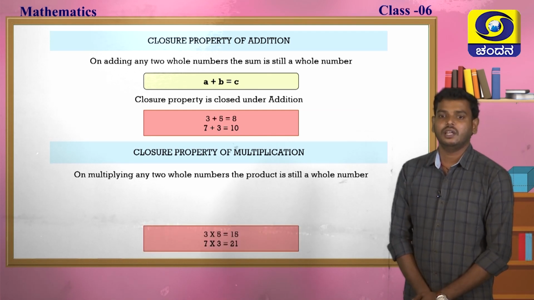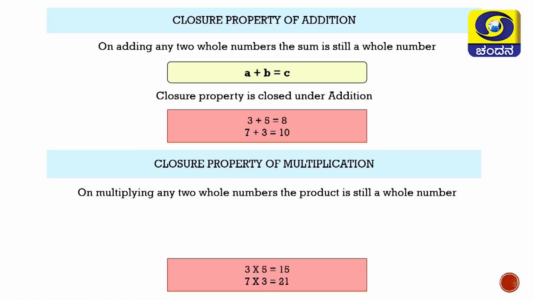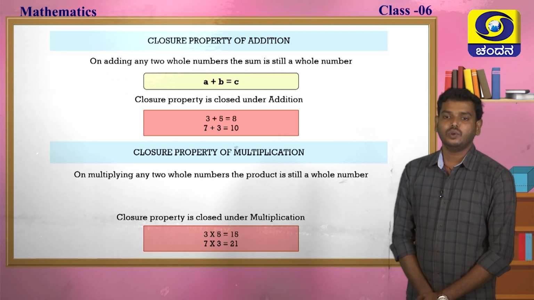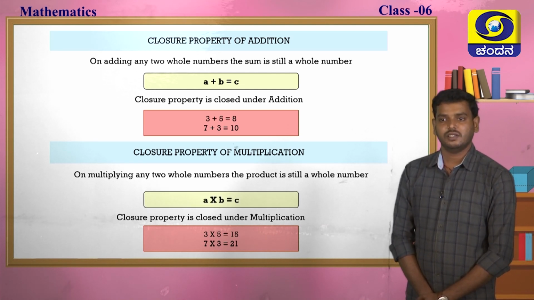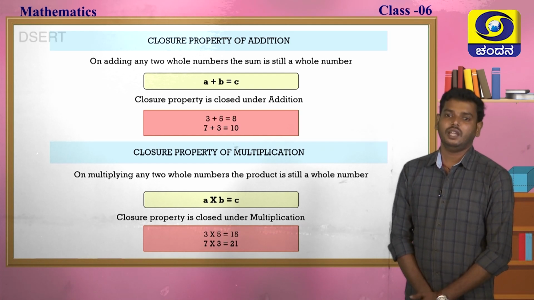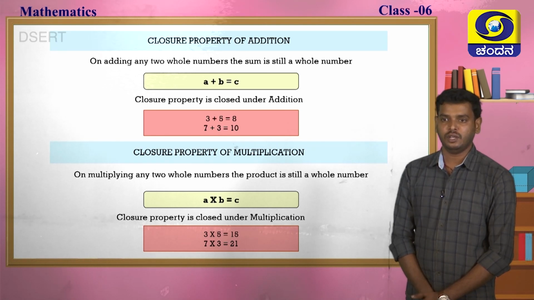That is 3 into 5 is equal to 15, 3 and 5 are whole numbers, 15 is also a whole number. 7 into 3 is equal to 21, 7 and 3 are whole numbers and also 21 is a whole number. Is it correct, children? We can say that whole numbers are closed under multiplication. Hence, we can also say that A into B is equal to C, where A and B are whole numbers.